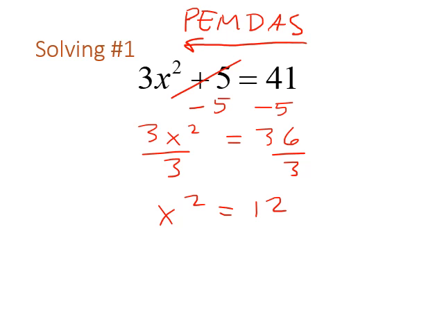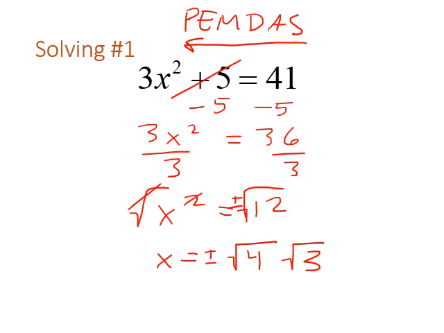To solve for x, I take the square root. And I'm taking square root because squared and square root are inverse operations, just like plus and minus, multiply and divide. Okay, they undo each other. Okay, so I get x equals plus or minus the square root of 12, which can be broken down into its perfect square factor, 4 and 3.